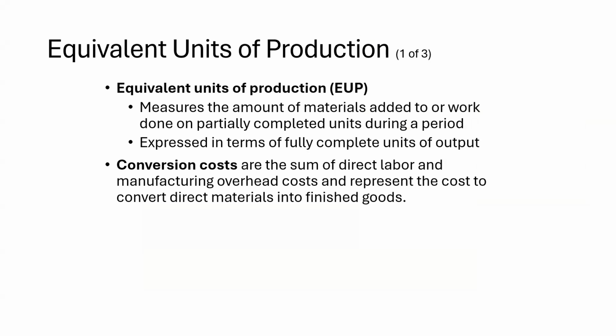Equivalent units of production, or EUP, is used to measure the amount of materials added to or work done on partially completed units and is expressed in terms of fully complete units.